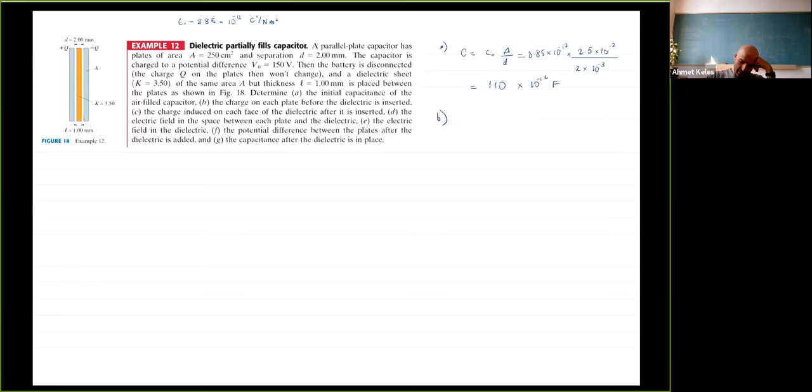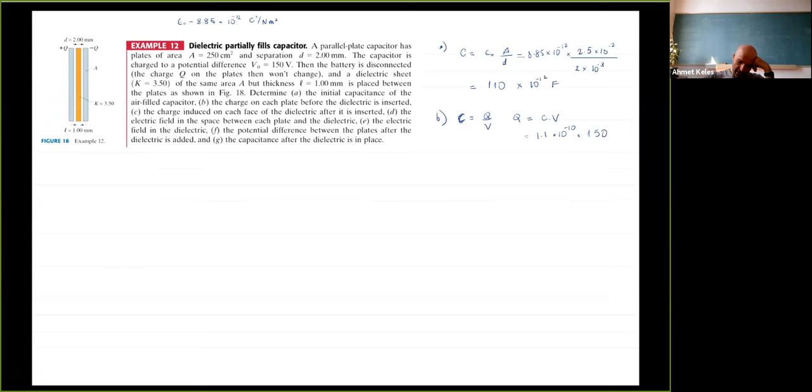Capacitance, by definition, C is equal to Q divided by V. Here I just calculated C and I know V, so I can calculate Q. Q is equal to C times V, which is 0.1 times 10 to the minus 10, times 150 volts.